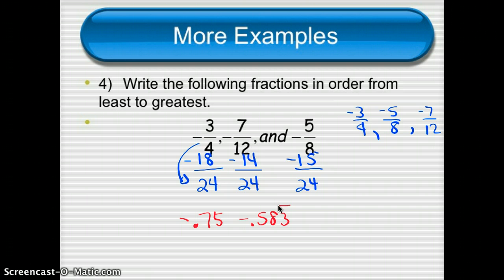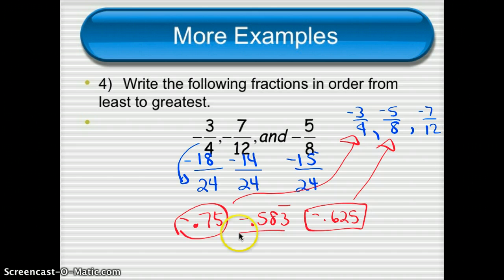And -5/8 is -5 divided by 8, that's -0.625. You're going to be able to notice here that again, -0.75 is the smallest. That's why we have it first. -0.625 is next, which is -5/8. We already chose that that was second. And -0.583, that's the largest, that's third. So that was a good way to double check, and I got the same answer.